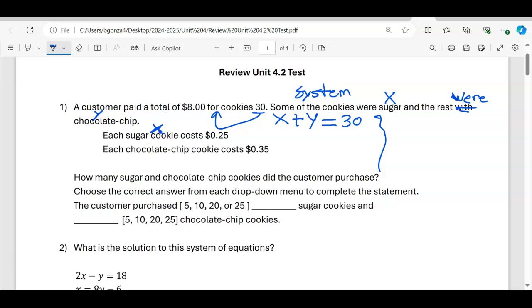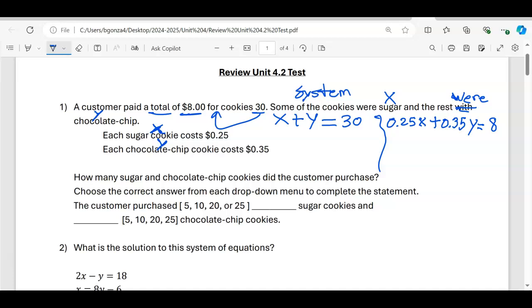So my equation is going to be 0.25 X plus, and then my chocolate chip cookies are Y, which is 35 cents, so 0.35 Y, and that's going to equal the total, which is the total $8. Cool.